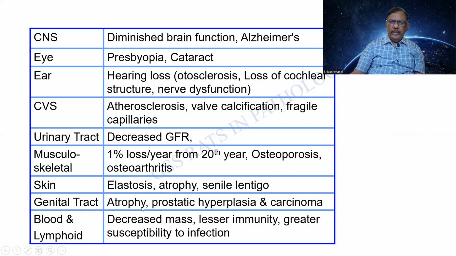Genital tract, of course, there can be a prostatic hyperplasia, on the other hand, atrophy of the genitalia, the testes or the ovaries, involution of the breast. Sometimes there can be a carcinoma. Blood and lymphoid, there is a burnt out syndrome. The stem cell is no longer able to produce. It gradually wanes. So there can be various changes because of this. This is a very nice list wherein we can recollect the various changes.